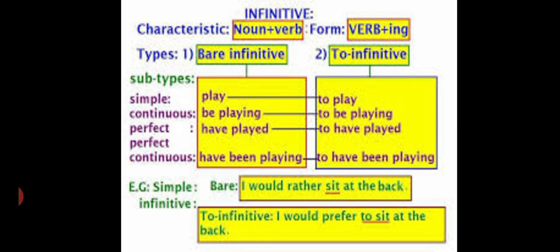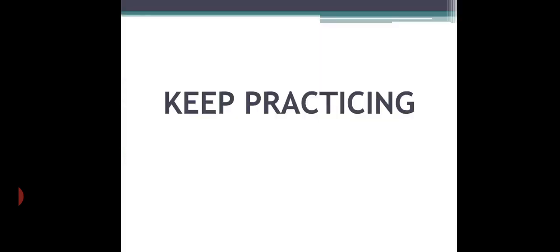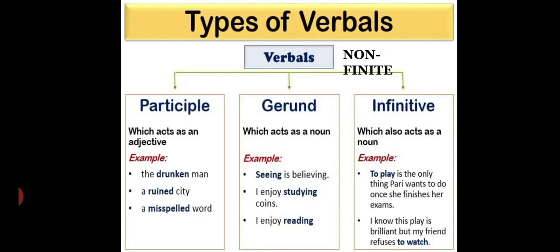For perfect tenses, have played, to have played. Perfect continuous, have been playing, to have been playing. And for simple infinitive, bare, I would rather sit at the back, and to infinitive, I would prefer to sit at the back. So keep practicing till you harness your skills.